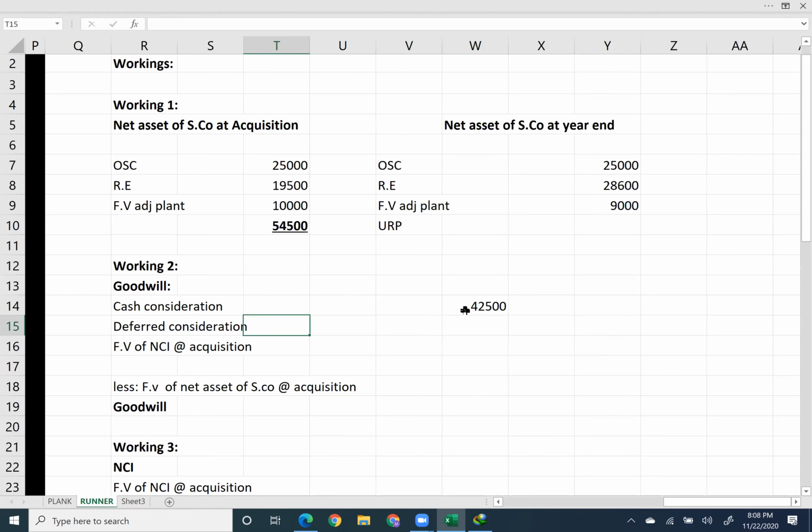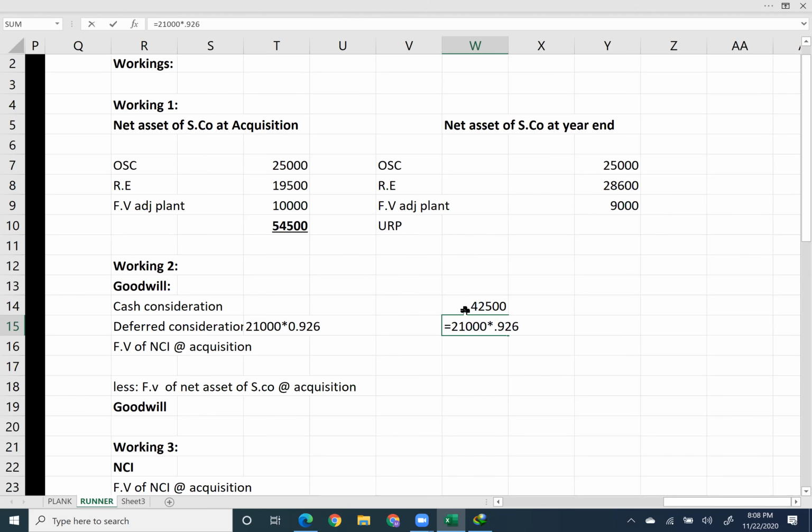How are we going to do it? You need to discount the deferred consideration. So we'll write equal to 21,000 times 0.926.